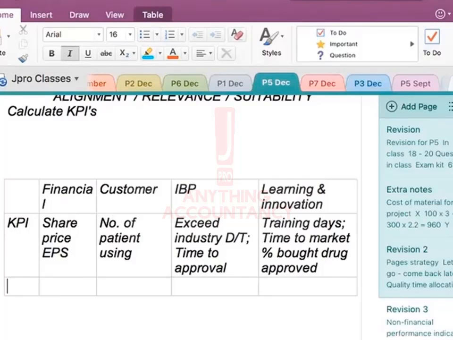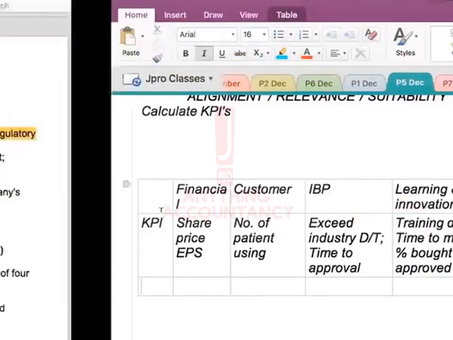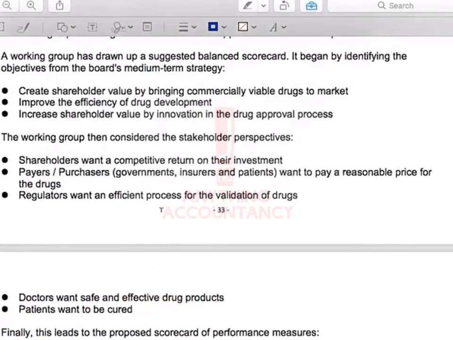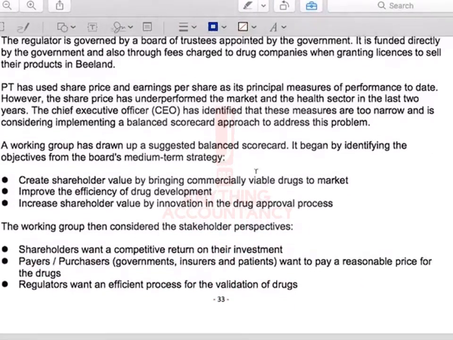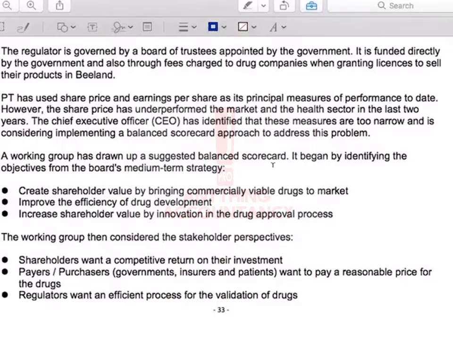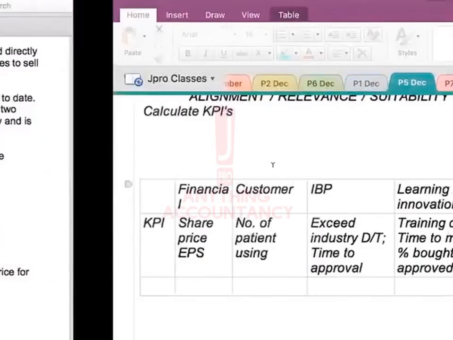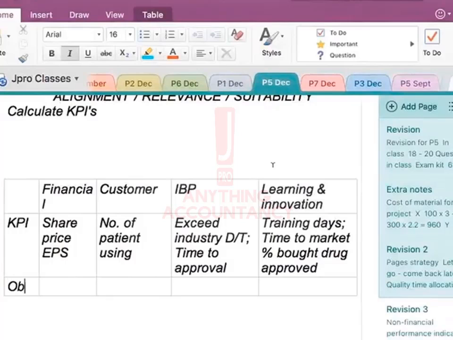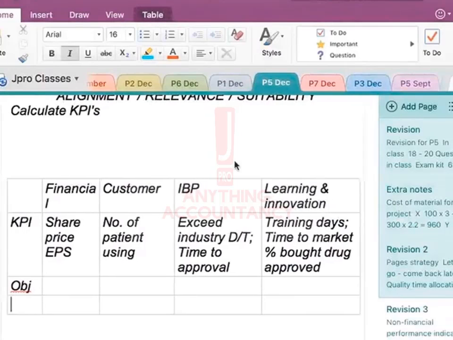Second, he designed by putting in something called, guess what? If you look properly at the question, objective. Correct? Then he put something else. What else did he put?